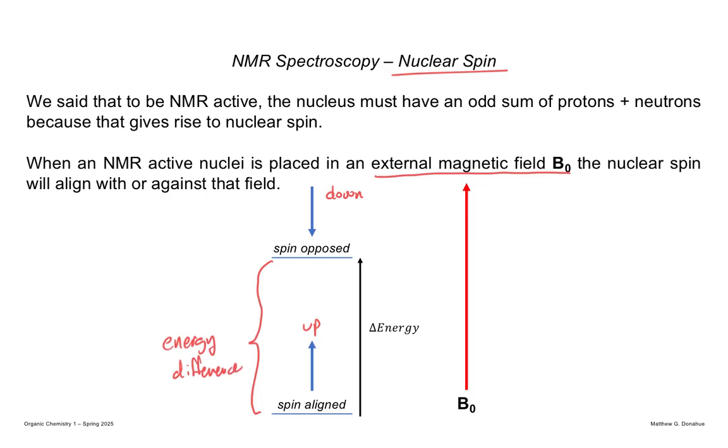And so we saw a couple days ago, maybe Monday or whatever, the operating frequency in radio waves of the instrument, the 60 megahertz, 400 megahertz, 800 megahertz. So you have this field strength. As the field strength increases, that energy gap increases between the spins. The radio frequency is the energy that flips the spins from one state to another.